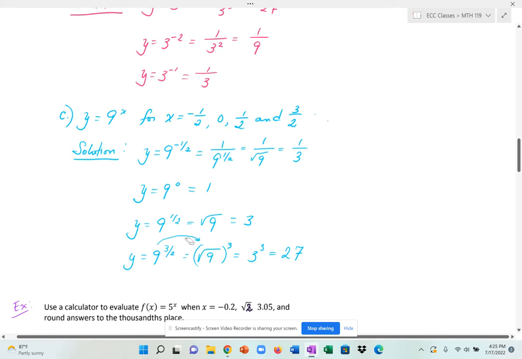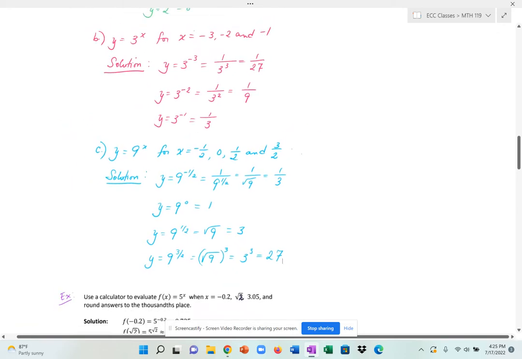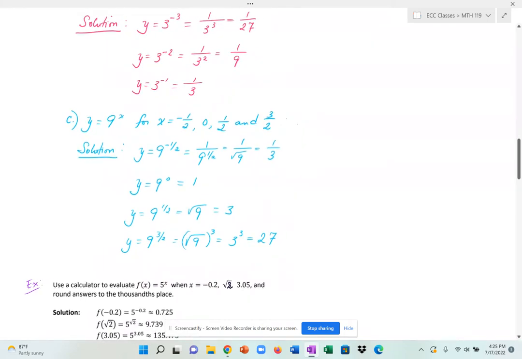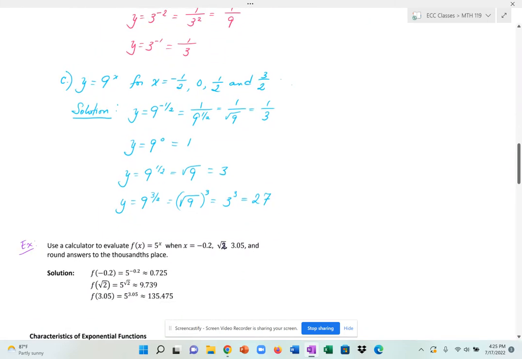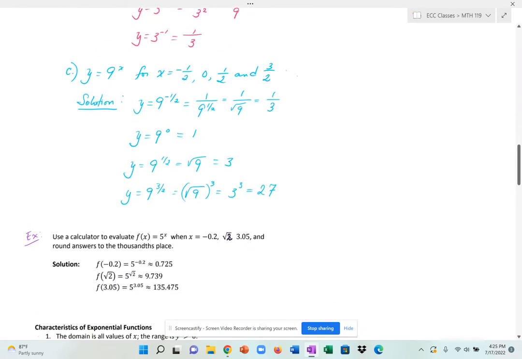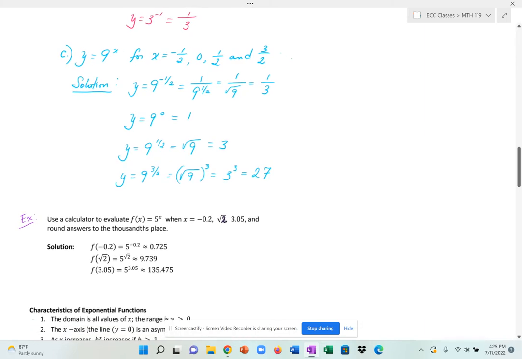For the next few examples, a calculator would be needed. You wouldn't need a calculator for any of the last few examples I did in part A, B, and C. But here my exponents are decimals and a radical, so not just a fraction or an integer. So when I plug into a calculator 5 to the -0.2, again, I rounded it here to the thousandths place, which is 3 decimal places.